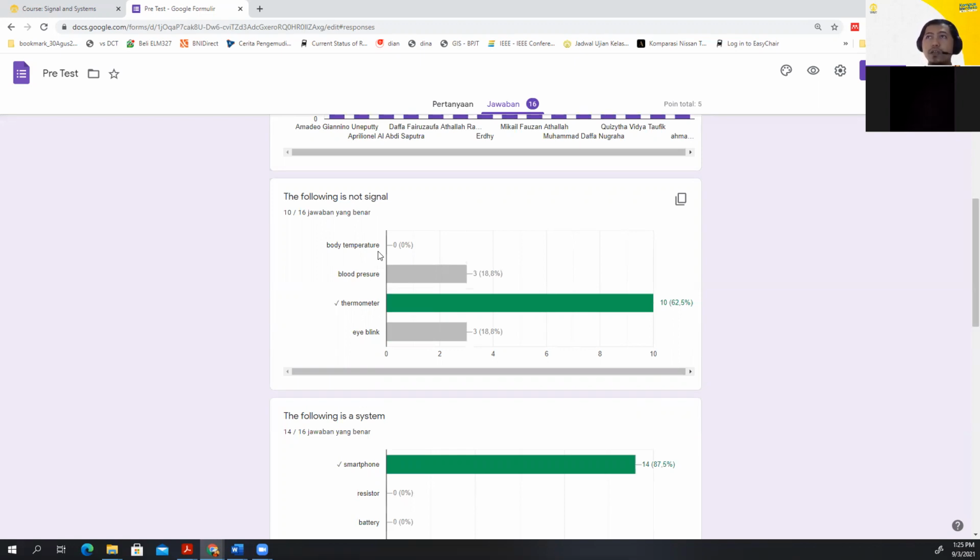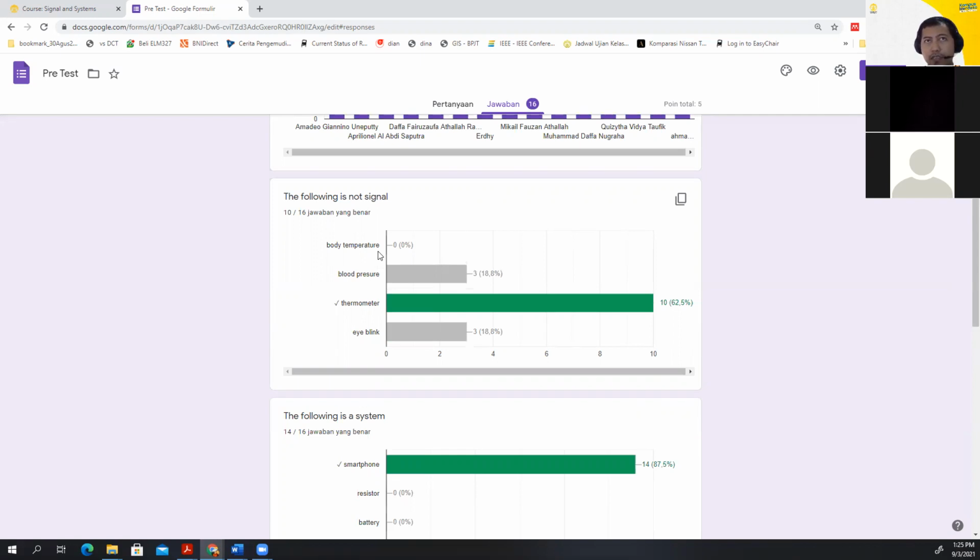Maybe we should call a doctor to check what happened with our body. Also, if our body temperature is below 36, it is kind of hypothermia, and it is also risky for our health.